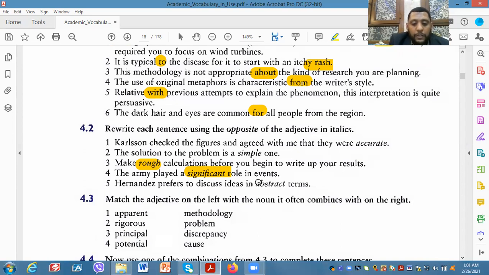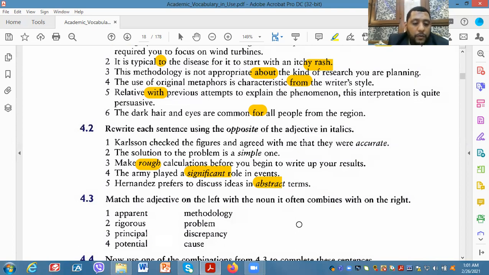Abstract is written in italics, and this one should be replaced with its opposite. So what's the opposite of abstract? Concrete. The opposite of abstract is concrete. So Hernandez prefers to discuss ideas in concrete terms.